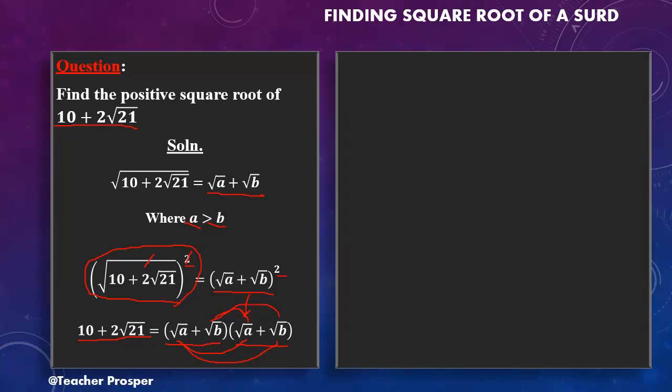Good. So this brings us to the next step where we have square root of A times square root of A will give us square root of A squared. Square root of A times square root of B will give us square root of AB. Square root of A times square root of B will give us square root of AB again. And square root of B times square root of B will give us square root of B squared. Now the square and the square root will take care of each other, giving us A and giving us B.